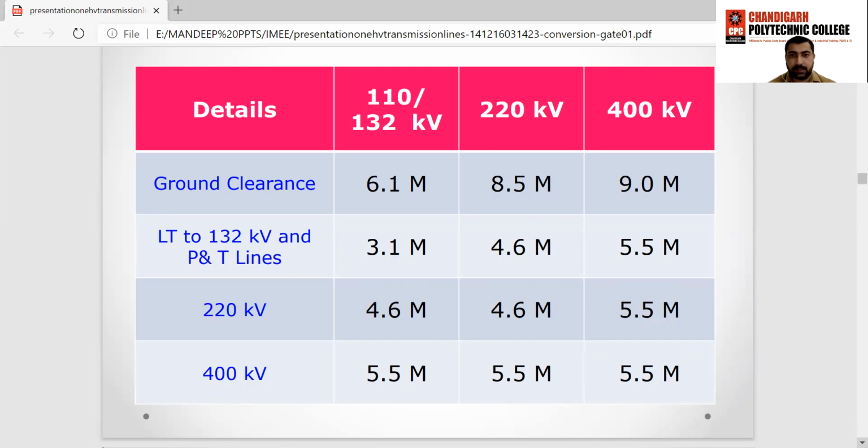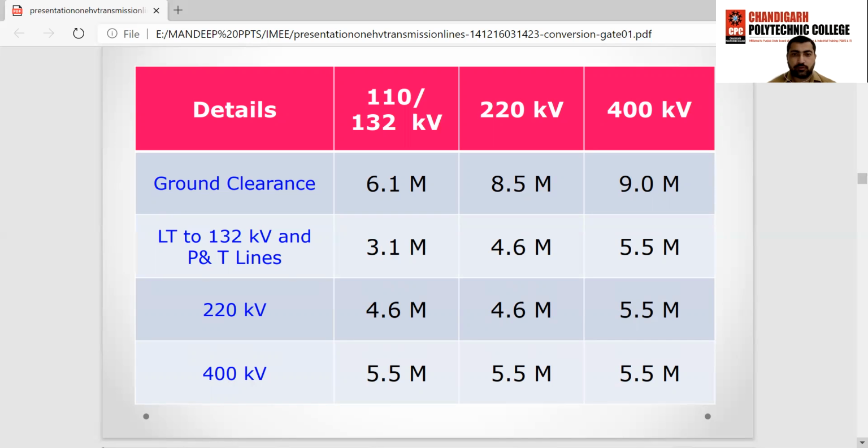And for 400 kV erections, 5.5 meter clearance is required from 220 kV to 400 kV lines. And same also for 400 kV line clearance, if we want to erect 110 or 132 kV line, the minimum clearance required is 5.5 meter.